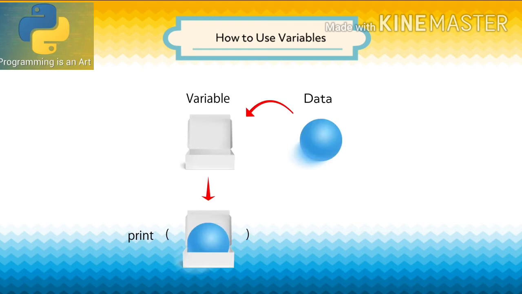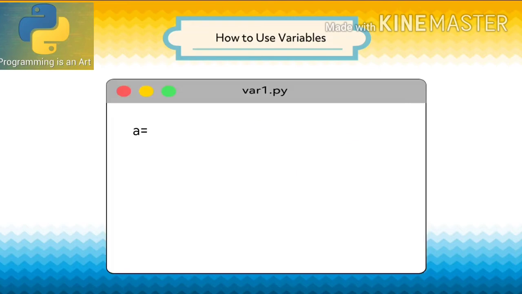So I'm taking a single kind of data and a single box here. You can use different kinds of data for different varieties of variables. After putting the data in a variable, you can print it. Here A is the variable.